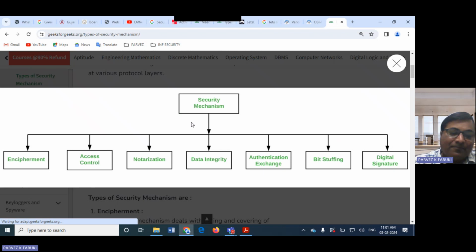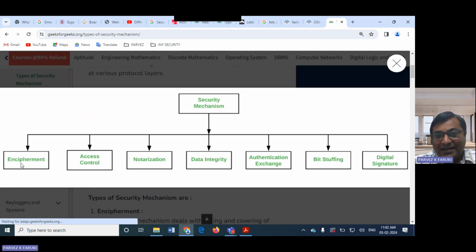So one of them that I discussed is cryptography. So cryptography or encryption or encipherment is a mechanism that is used to ensure that a transaction between two parties, that is Alice and Bob, remains confidential.